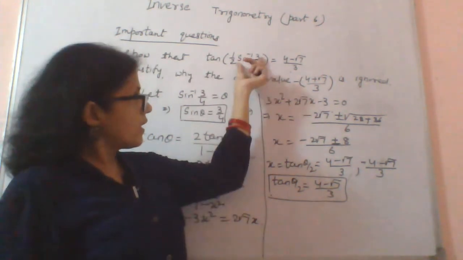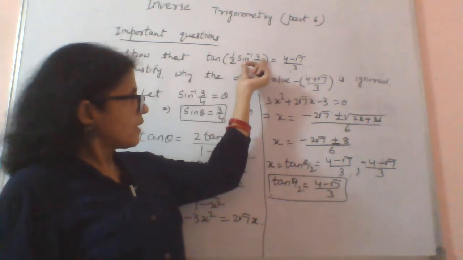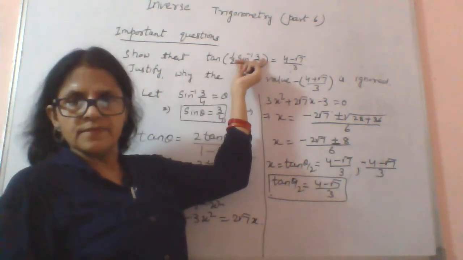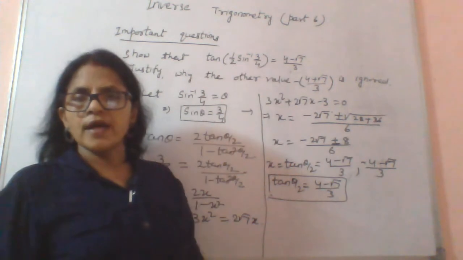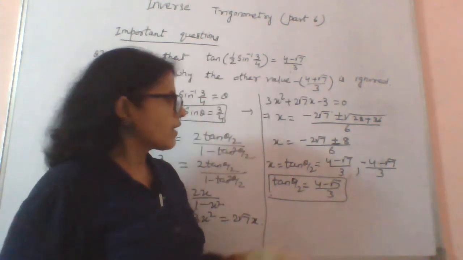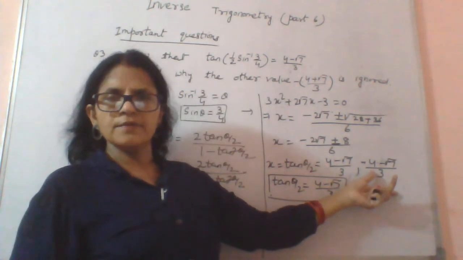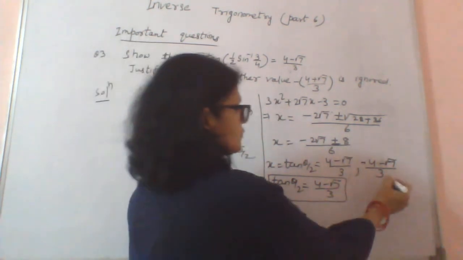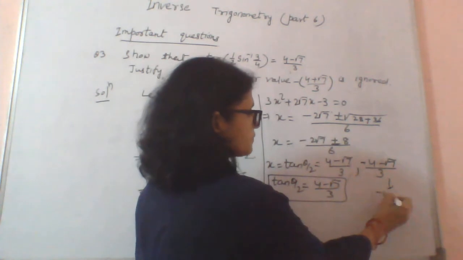So whenever you have sine inverse, this quantity is positive. Okay, obviously tan of that will be positive. So that's why we are neglecting the negative sign. Okay, so this is your purely negative.